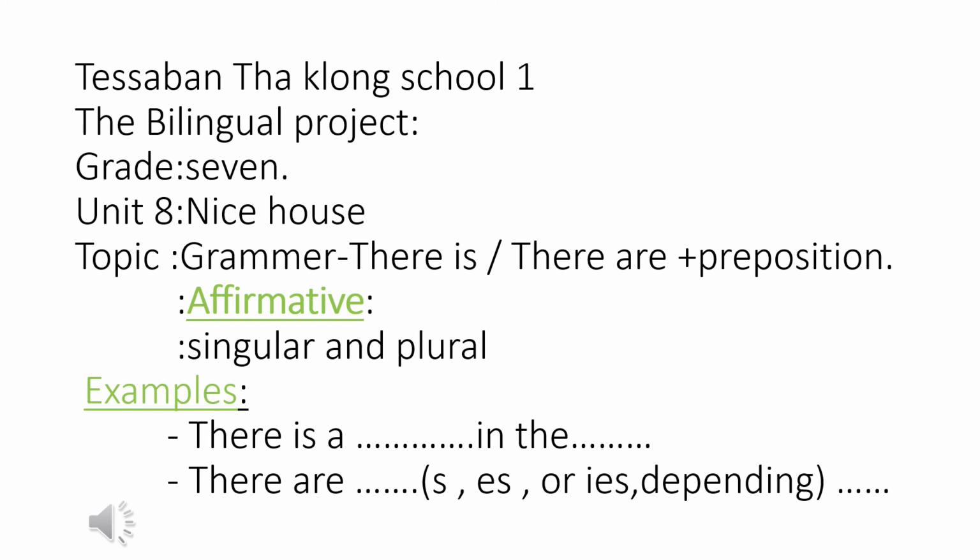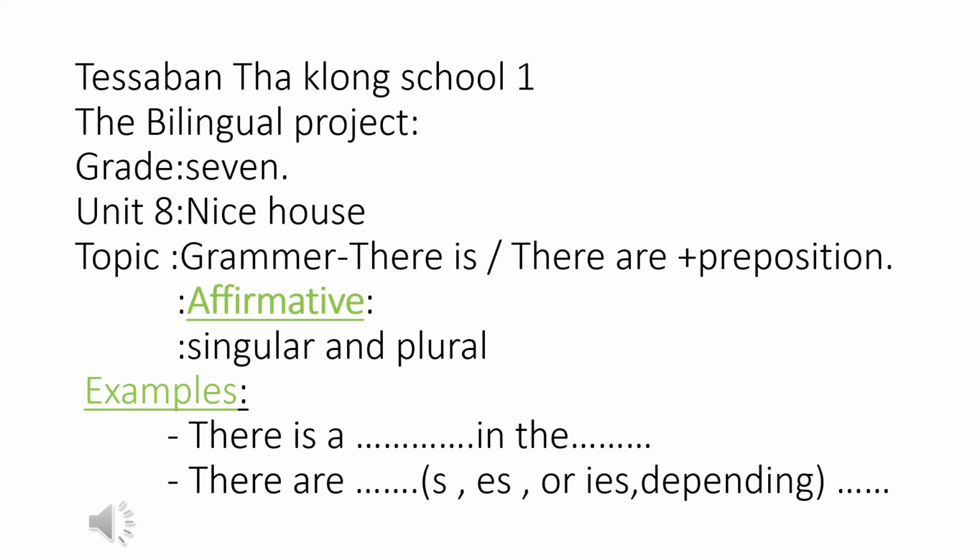When I talk of there is, that means it is singular because of is. For example, there is a bed in the bedroom. Now, in plural, we say there are. The helping verb to be changes to are.